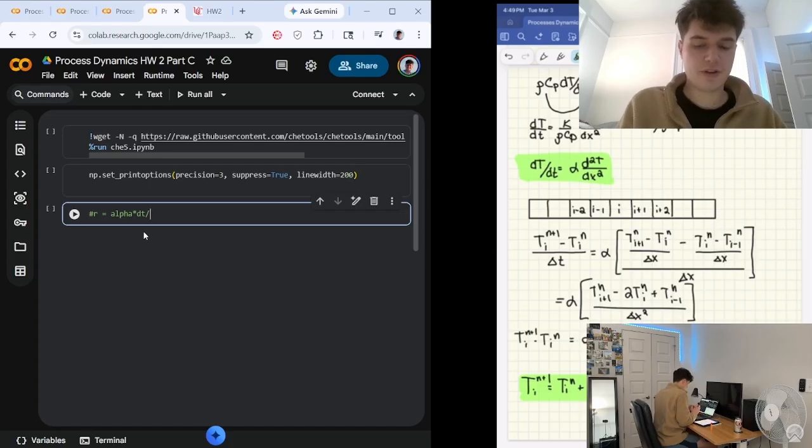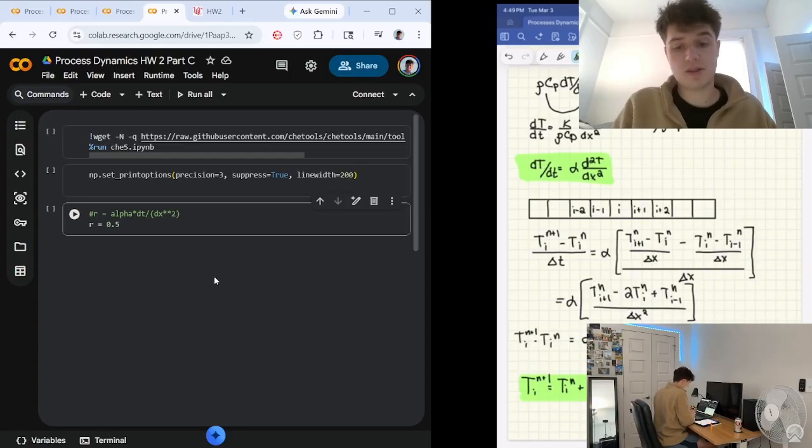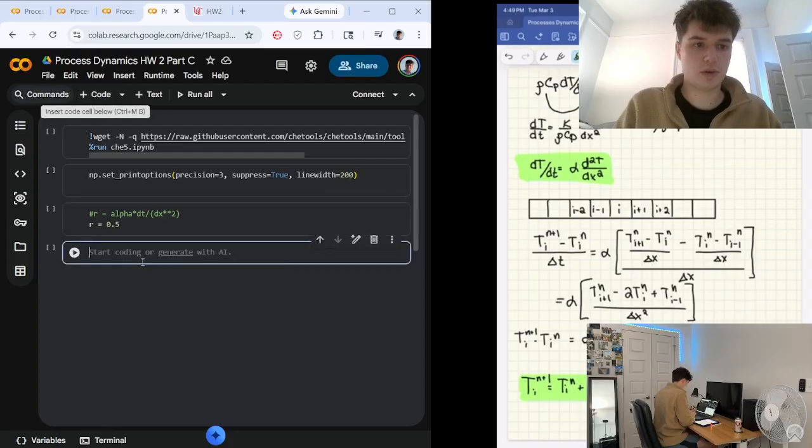And again, if you're confused where we're getting any of this, these are all of the equations we got from the written portion on my iPad. From the specs in the problem, we know that R is equal to 0.5. And this is a little foreshadowing, but we do not want it to be bigger than that because it will show all of the errors that will occur, and we'll go into that more also.